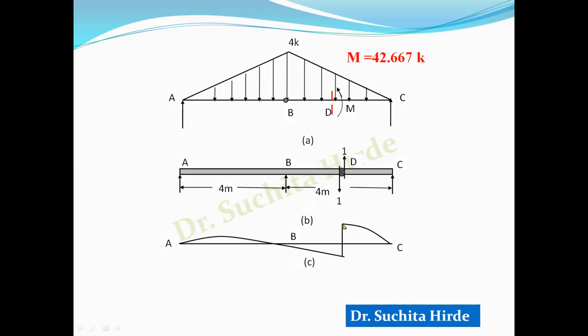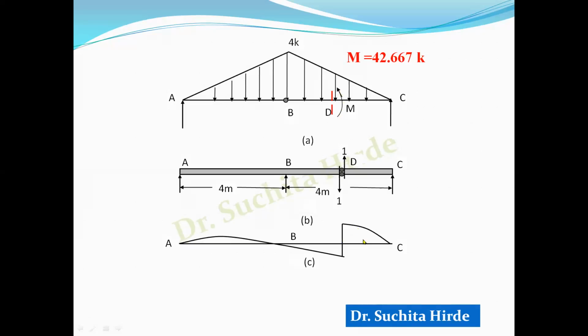So this deflection corresponds to this M, and therefore we have to divide all the ordinates of deflection by 42.667 K, because we want to make this 1 and this corresponds to this M in conjugate beam.